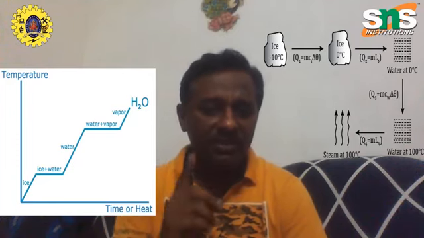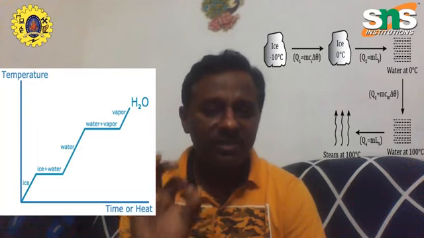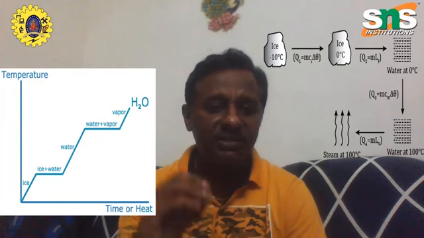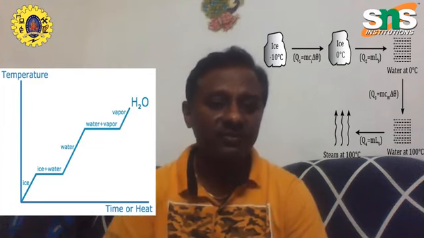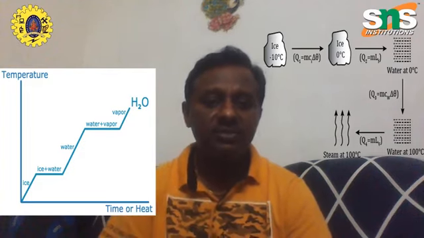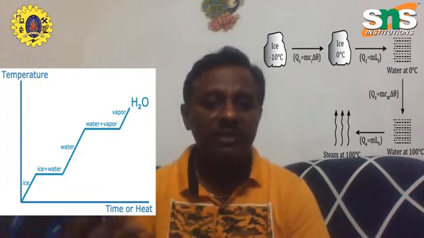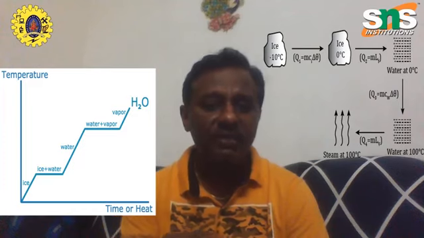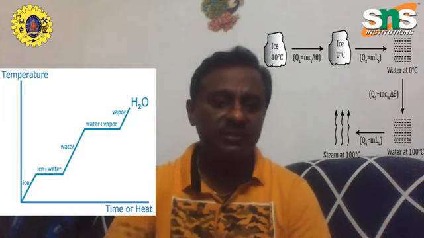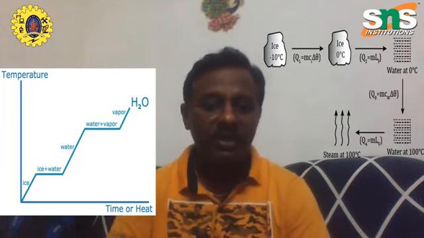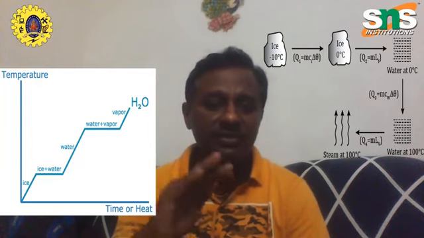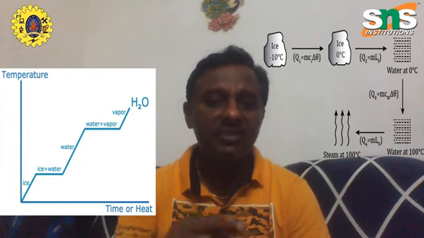But we know that at 1 atmospheric pressure, 100 degrees Celsius is the boiling point of water. At the boiling point, the water tends to boil and evaporate. That is, boiling will happen. So the water particles will change phase to the vapor phase, and the change from water to vapor phase is also done at a constant temperature only.